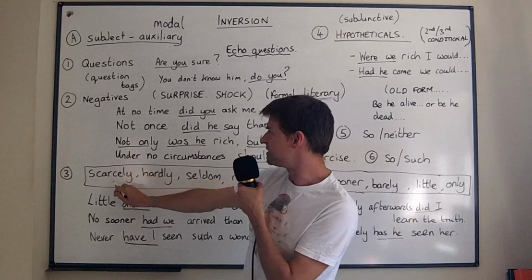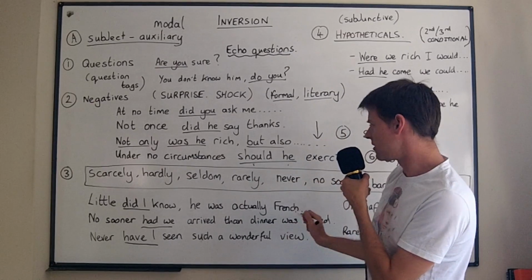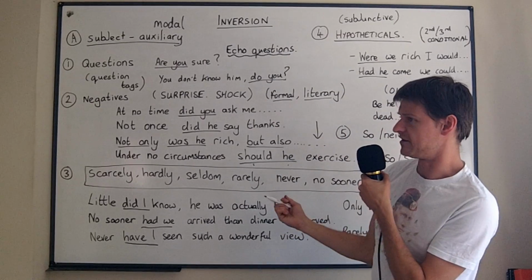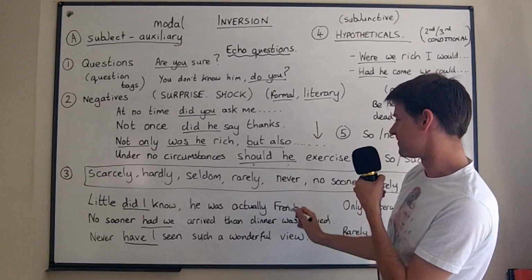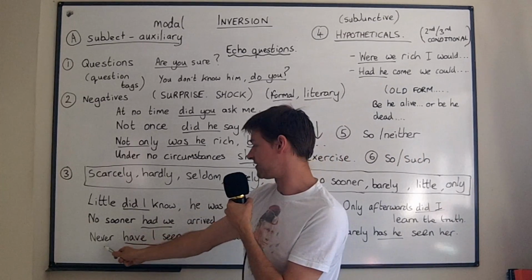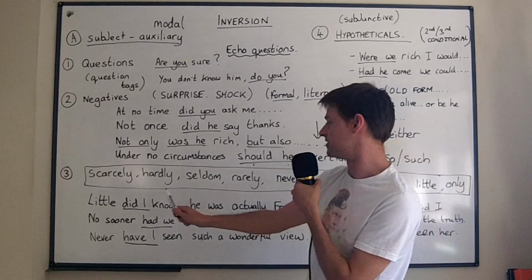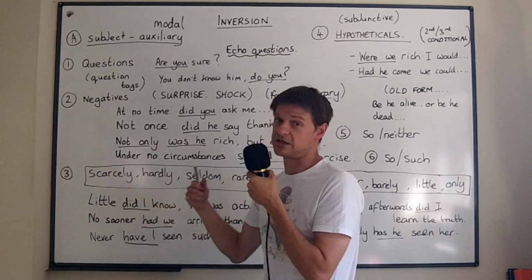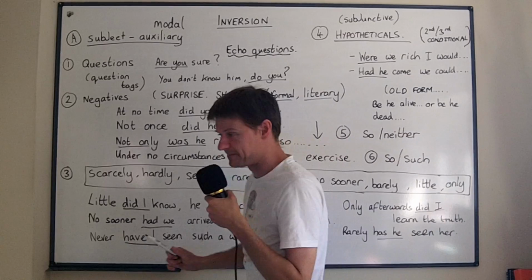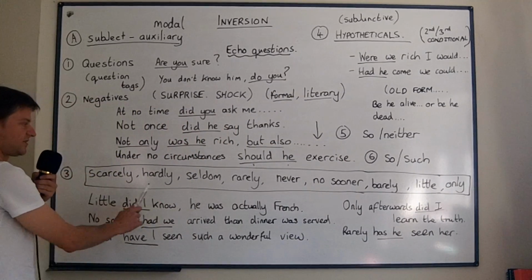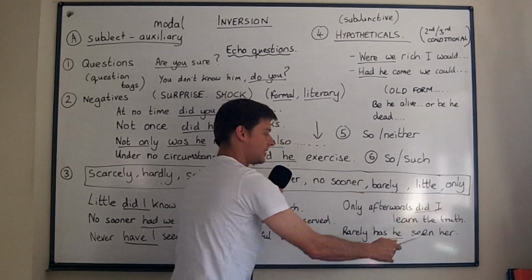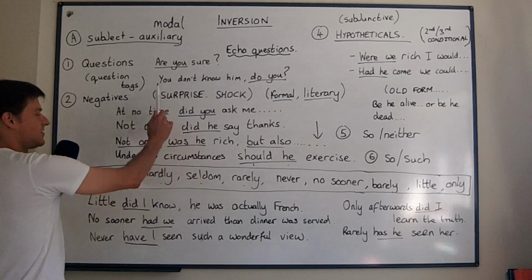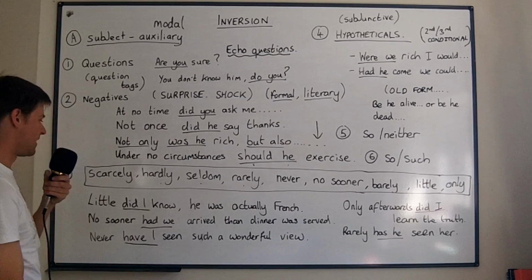In the third situation, it's similar to the negatives, because we are emphasizing, we're making stronger the point that something has never been seen before, or that it was little that you knew something. Let me explain. With these words, scarcely, hardly, seldom, rarely, never, no sooner, barely, little, only, again we're expressing surprise or shock.